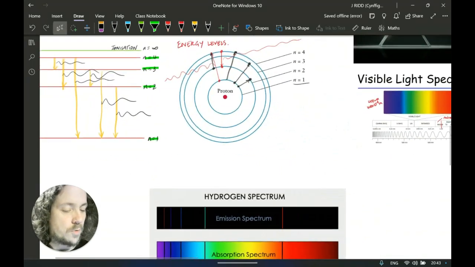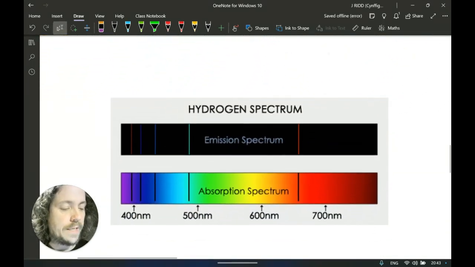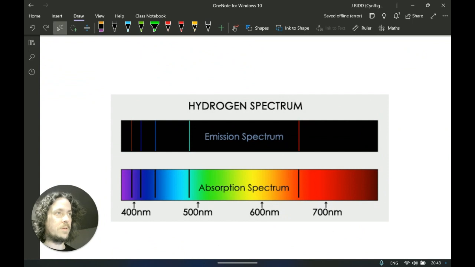Right, so we can look at this using a couple of methods, right? One would be a spectrometer, or we can look at it through a diffraction grating. And essentially what happens is, just like with the prism, we take the light that comes from an atom and we will split it up into different wavelengths.